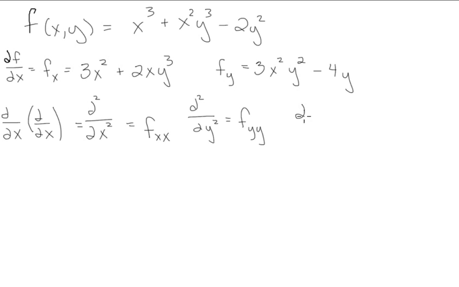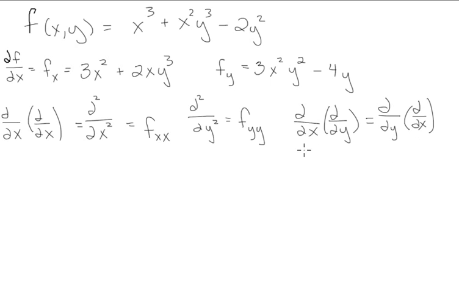So I'm going to be interested in d dx of d dy. I'm going to skim over this, but for your purposes, you should know that d dy d dx is exactly the same thing.